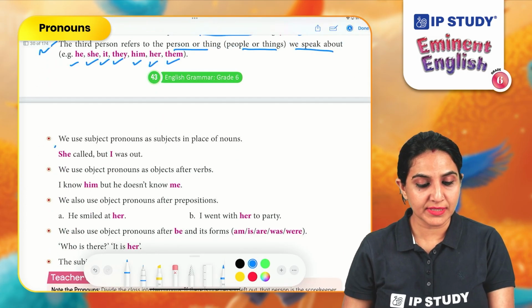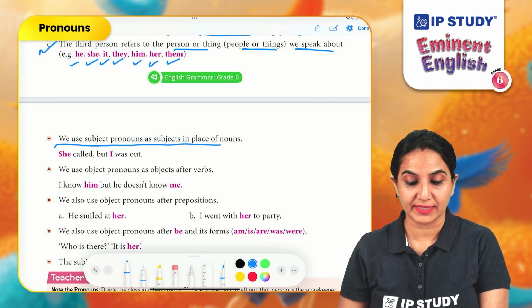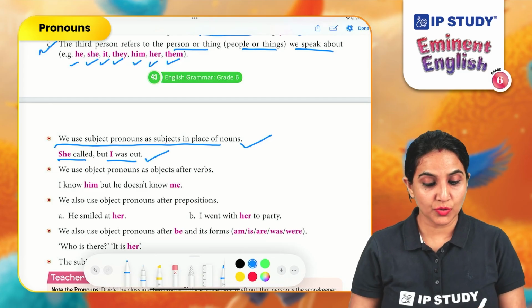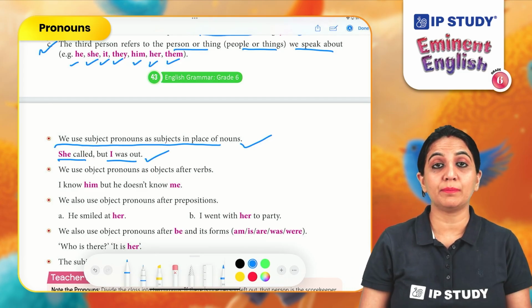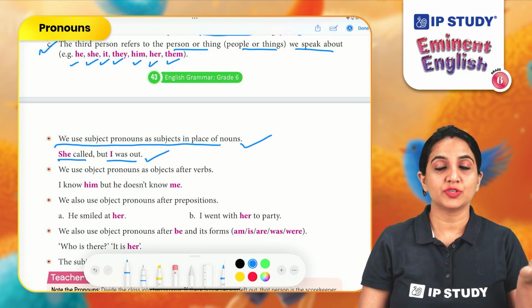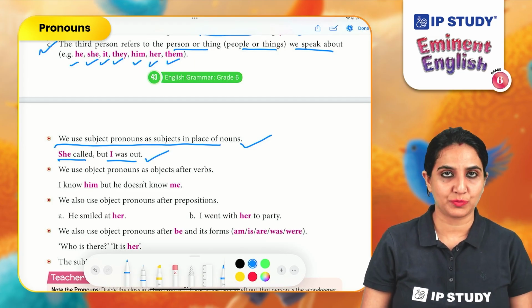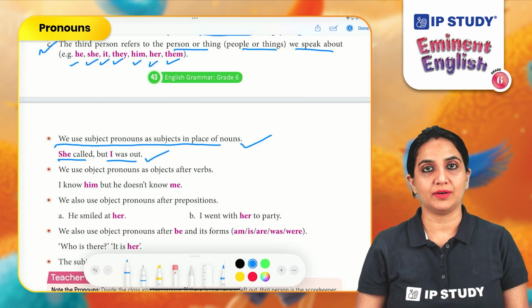We use subject pronouns as subjects in place of nouns. She called, but I was out. So in this sentence, we're talking about she, so we can use the pronoun she as the subject. But I was out.